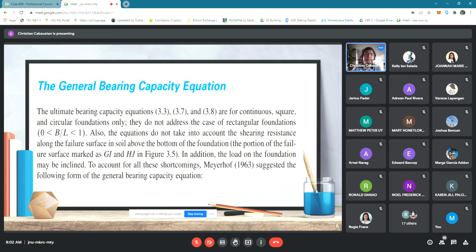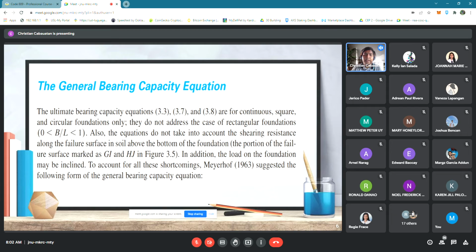Okay, the ultimate bearing capacity equations for strip footing, square footing, and circular footing, or foundations, do not address the case of rectangular foundations, wherein the B over L there is greater than 0 but less than 1.